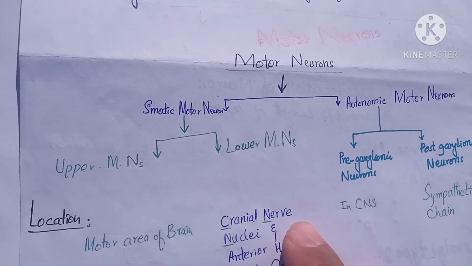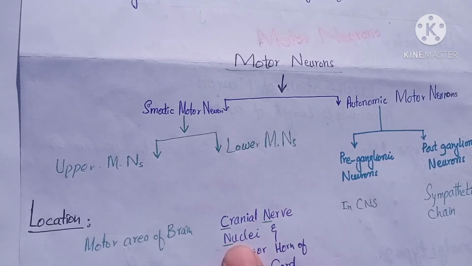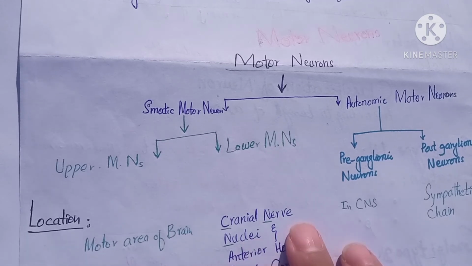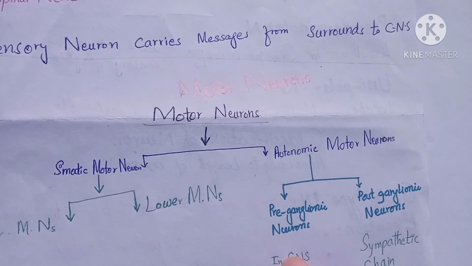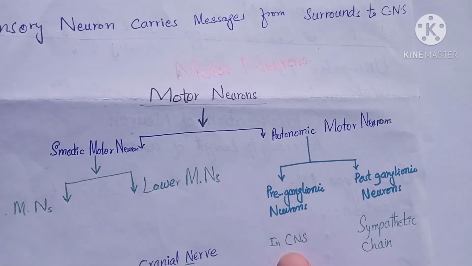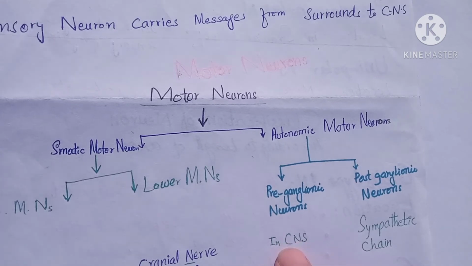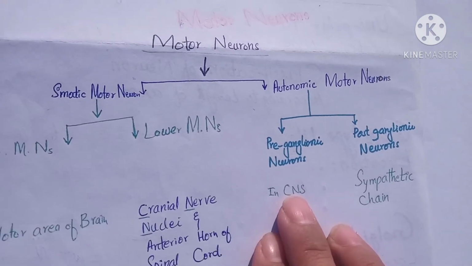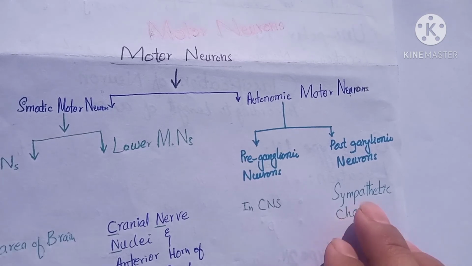The cranial nerves supply the various skeletal muscles. As for the location of autonomic motor neurons, preganglionic neurons are present in the central nervous system, and postganglionic neurons are present in the sympathetic chain.